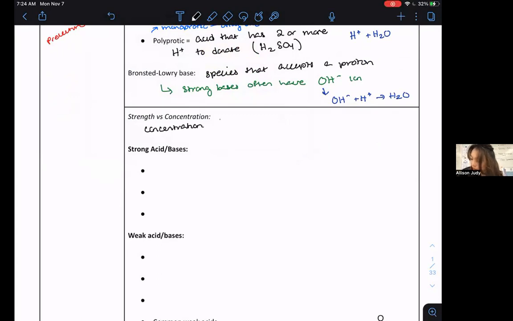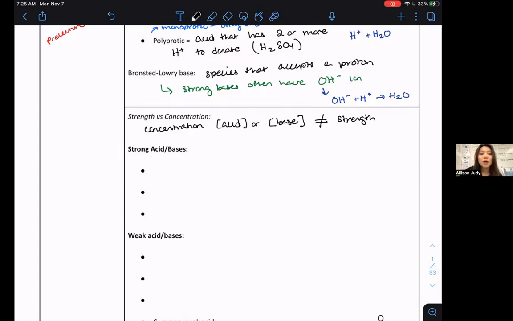The concentration of an acid or base is not necessarily an indicator of the strength. It just means I have more of a weak acid or more of a weak base. It doesn't mean I have a ton of weak acid and therefore it is inherently a strong acid. The strength of an acid or a base is inherent to its structure, not its amount.